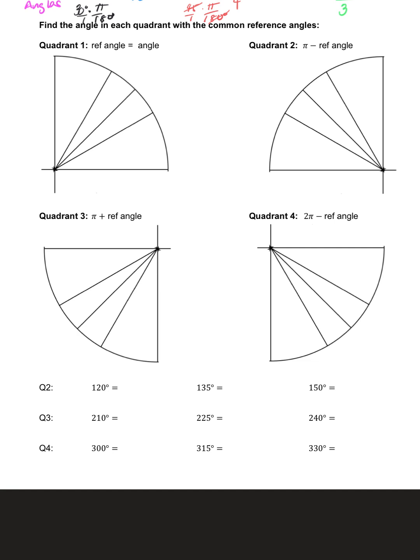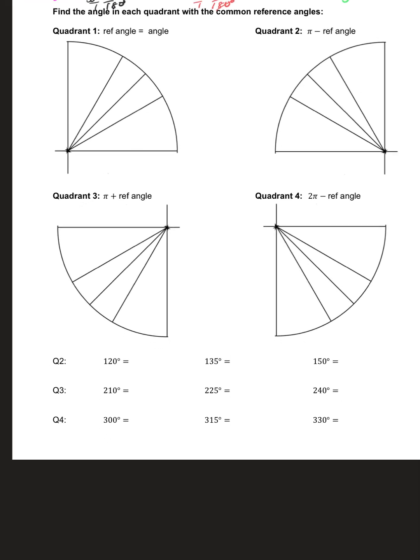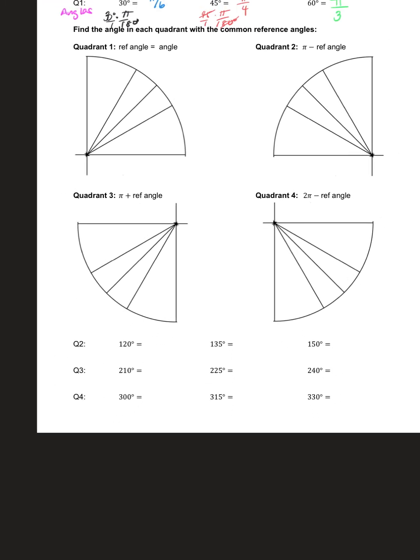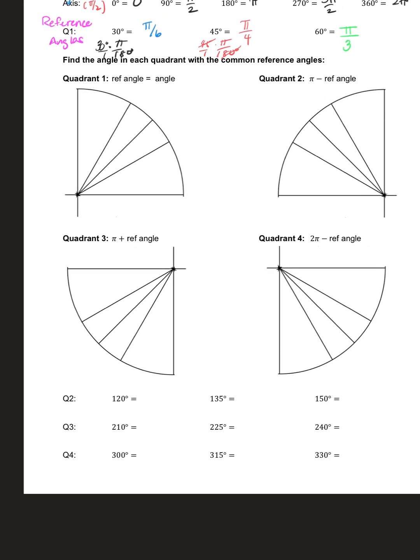So the first thing we're going to look at is the reference angles. The reference angles do not change. Remember, if they're in quadrant 1, they will be reference angles. So this is quadrant 1. Think of this as pi over 2, and this is 0. So our first reference angle, the smaller angle here, is going to be pi over 6.